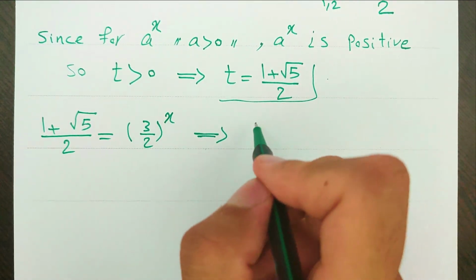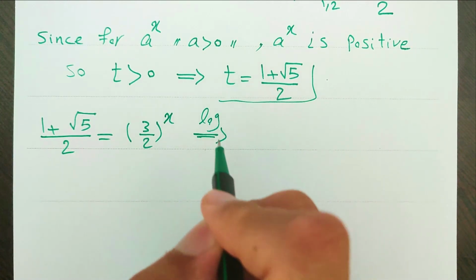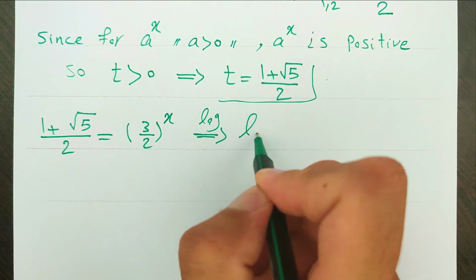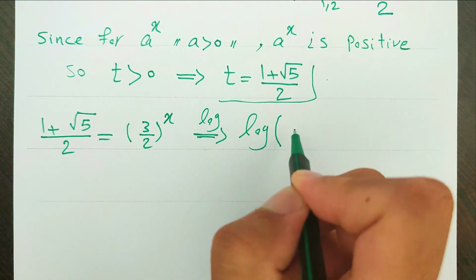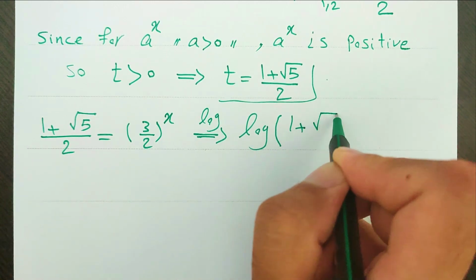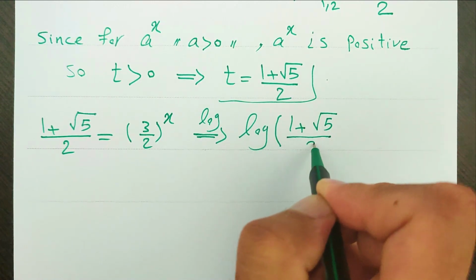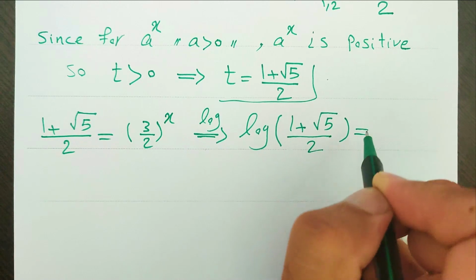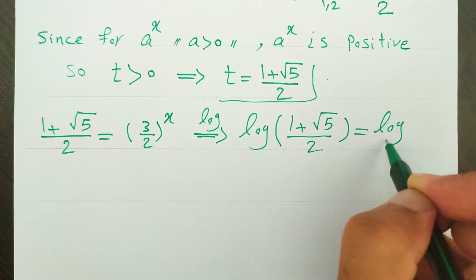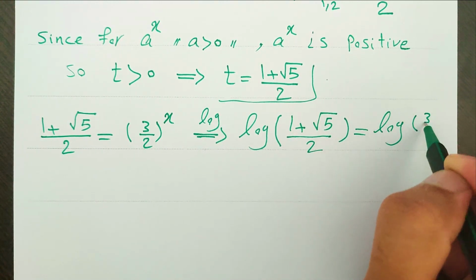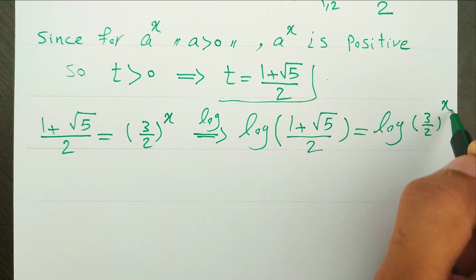By taking the logarithm of both sides, we get log of 1 plus the square root of 5 over 2 equals log of 3 over 2 to the power of x.